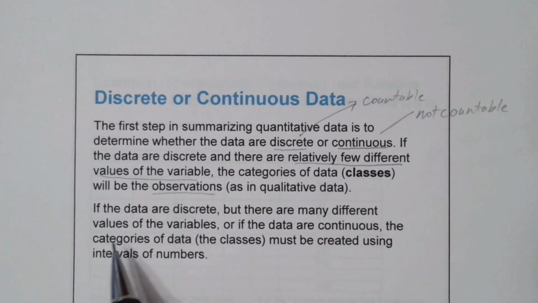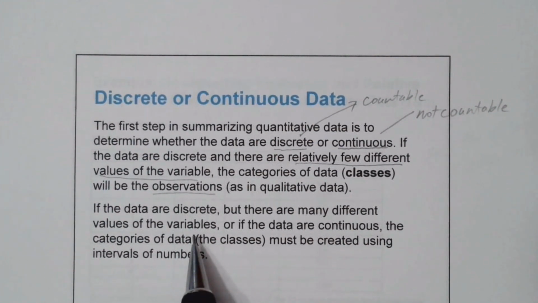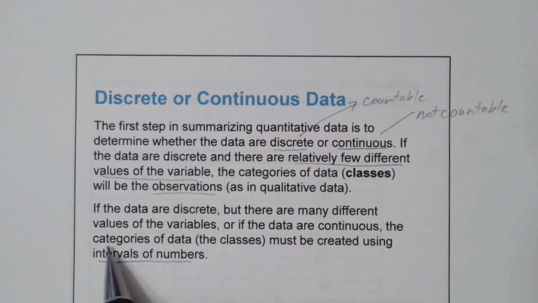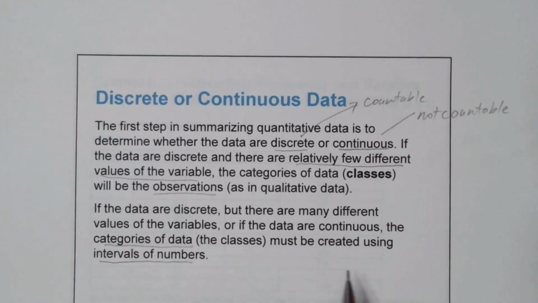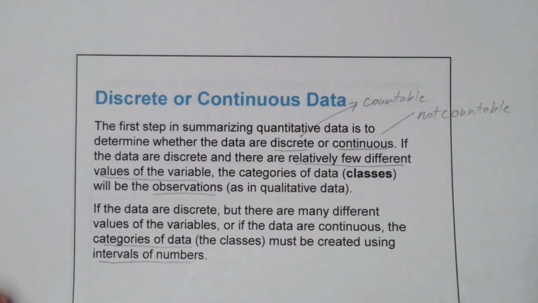And then if the data are discrete but there's many different values of the variable, or if the data is continuous, the categories of data must be created using intervals of numbers. So we're going to have categories of data with intervals of numbers, like for example 10 through 20, instead of just the number 1. All right, let's go ahead and move on to the next slide.